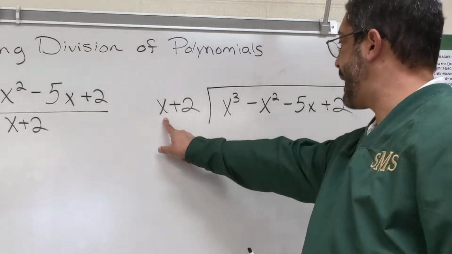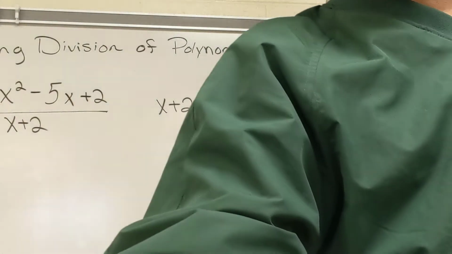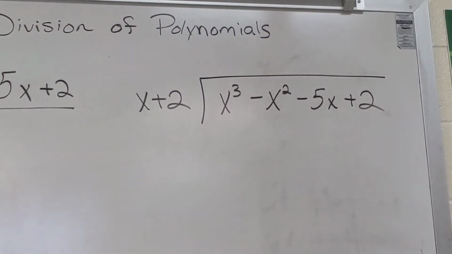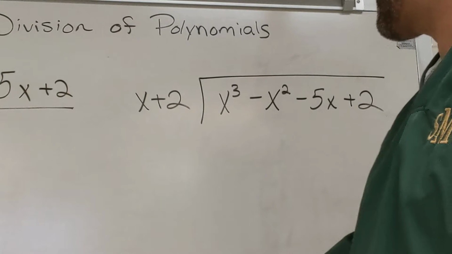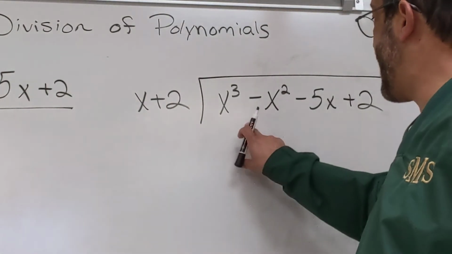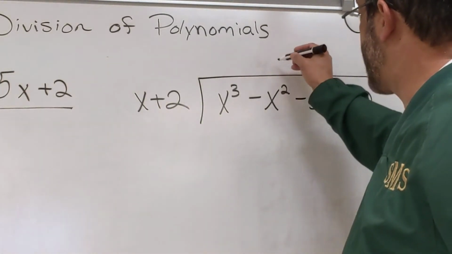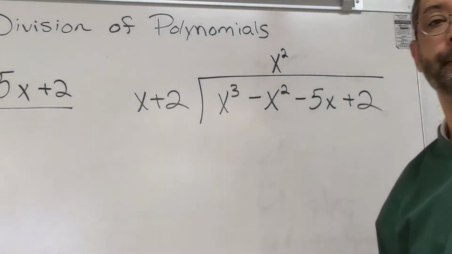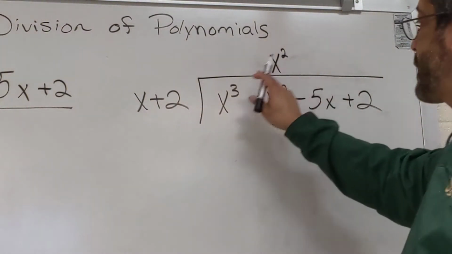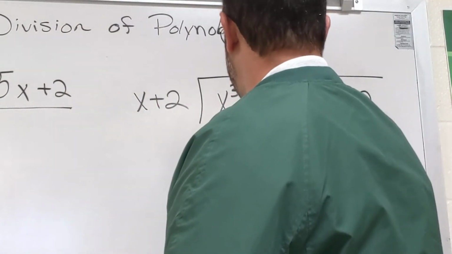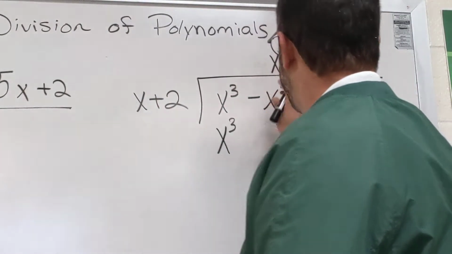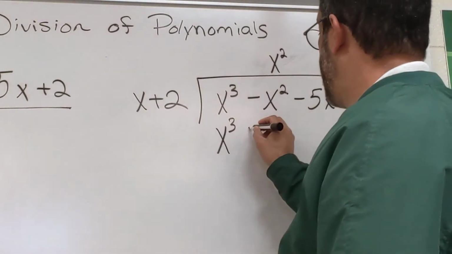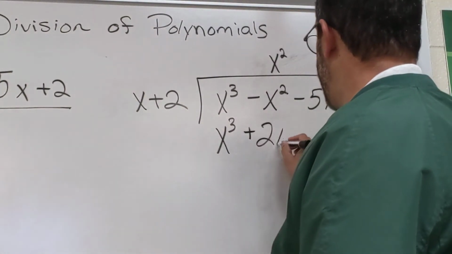What do I need to multiply x by to get x to the third? Simply using my laws of exponents, I would need to multiply x by an x squared. So x squared times x gives me x to the third. X squared times 2 gives me a 2x squared.